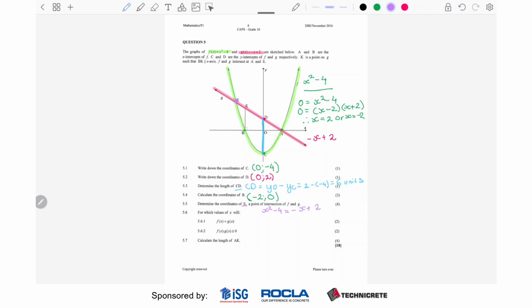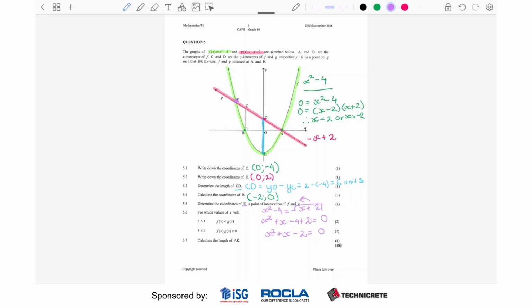This will give us the x value. So x squared plus, I'm bringing this equation to that side. So x squared plus x minus 4 plus 2 is equal to 0. So x squared plus x minus 2 is equal to 0.